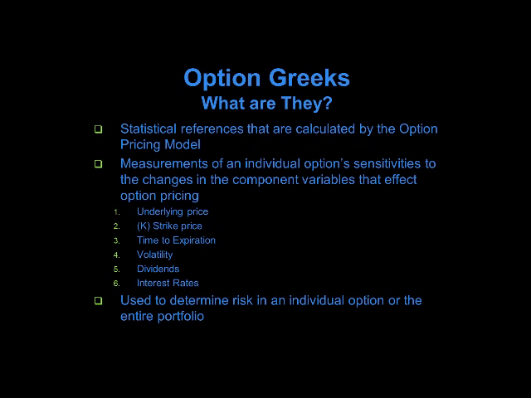Now, the other thing that people don't realize is that you can take an entire portfolio and add up all the Greeks in an entire portfolio and look at where you are, and it'll help you hedge your entire portfolio.